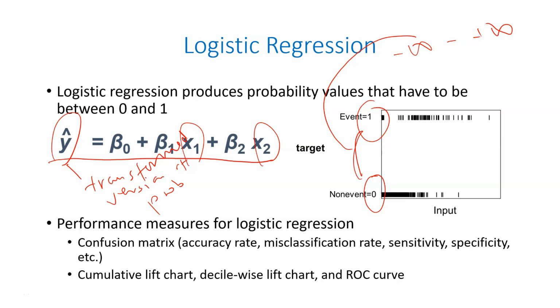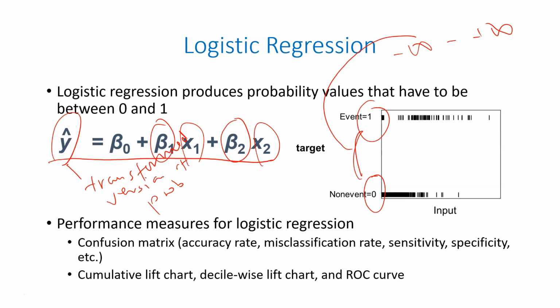Because of the transformation described earlier, the interpretation of the logistic regression model is also going to be different from that of the linear regression model. The coefficients beta 1 and beta 2 here are not going to be the direct interpretation of the magnitude and direction of the relationships between the x's and the y.